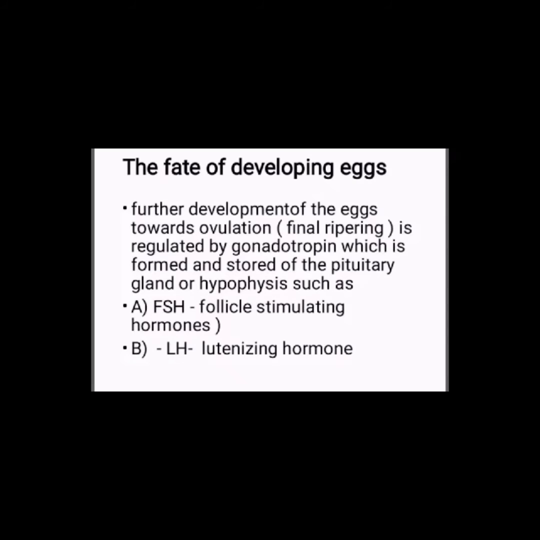The process is regulated by gonadotropin, which is formed and stored in the pituitary gland or hypophysis. Just as this is two examples of the pituitary gland hormones, follicle stimulating hormone, FSH, and LH, luteinizing hormone.